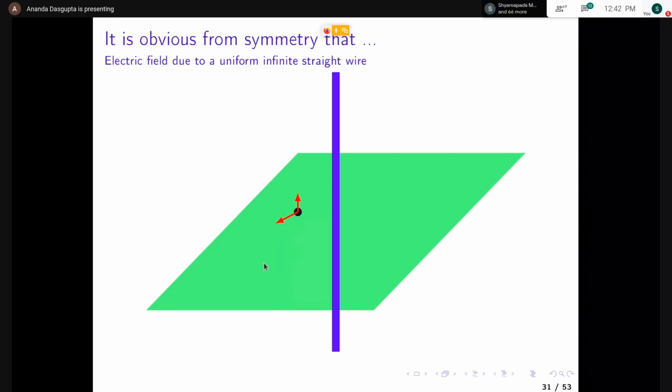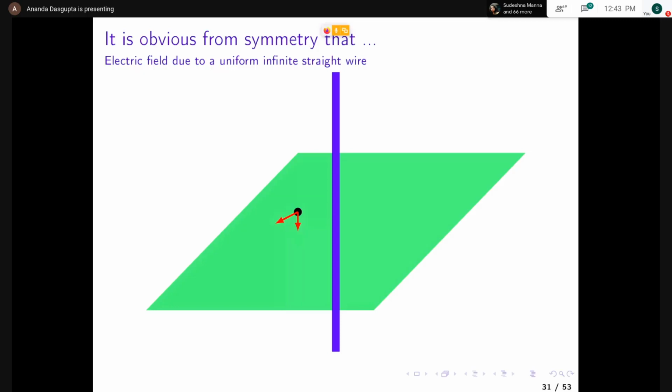Now imagine another reflection, a reflection in a plane which is perpendicular to the wire, bisecting it cleanly. Remember, this is an infinite wire, so no matter where you place this plane, there will be equal amount above and below. And I've chosen this plane in such a way that it passes through my point. So what happens when I reflect here? Simple, the in-plane component, the radial one, stays unchanged. The out-of-plane component, the vertical one, reverses.